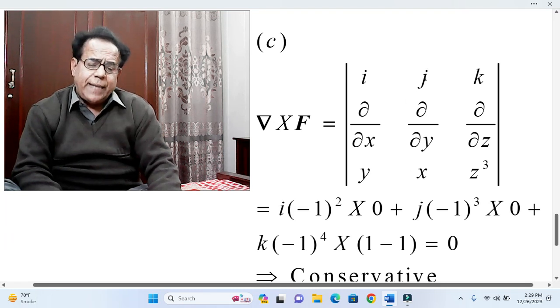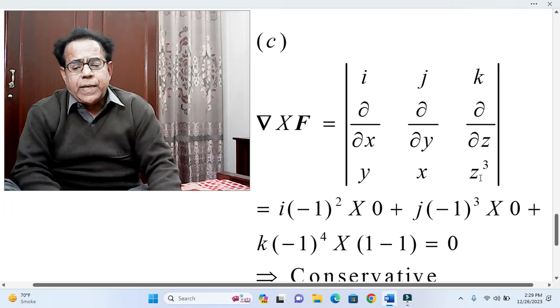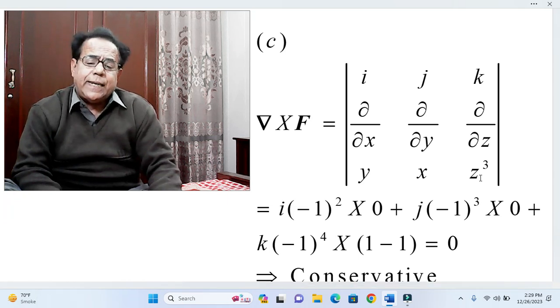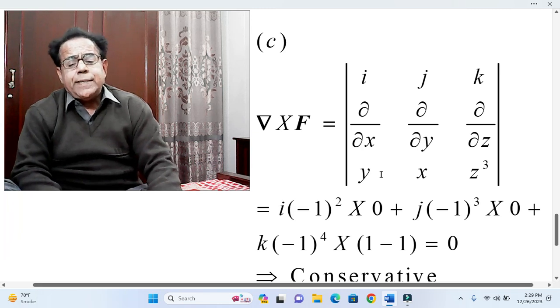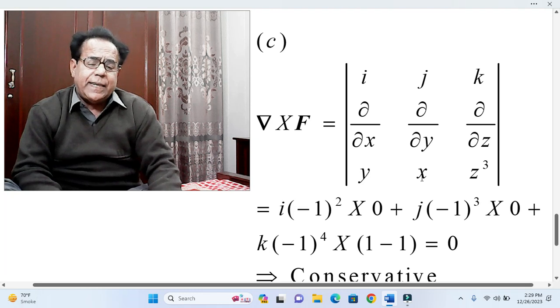Plus j, second column and first row will be treated as omitted. The partial derivative of z cube with respect to x is always 0, with respect to y is also 0, only with respect to z it will be 3z square, but this is not the case here. Similarly, minus the partial derivative of y with respect to z is 0, with respect to x is also 0, only the partial derivative of y with respect to y will be 1, but this is not the case here.